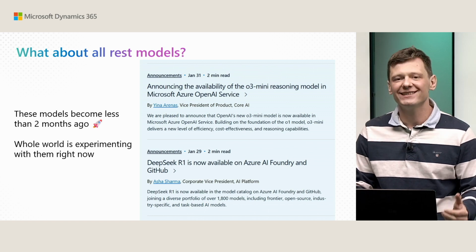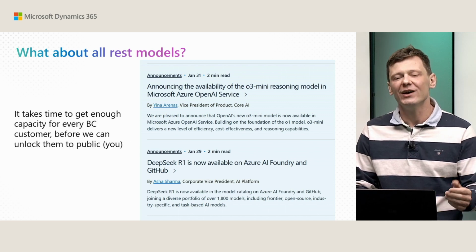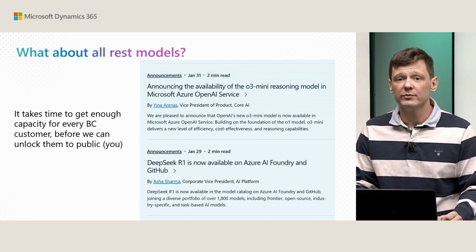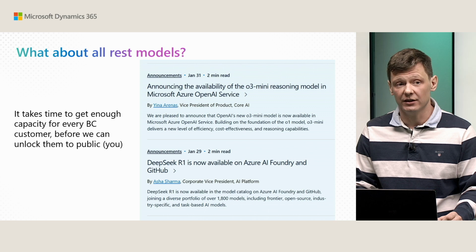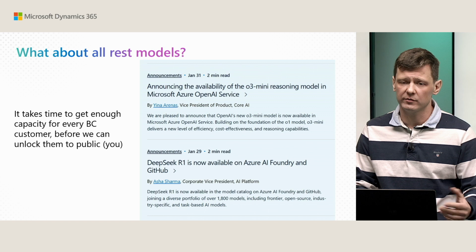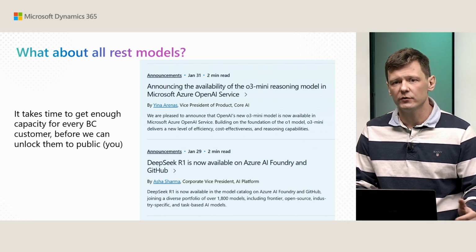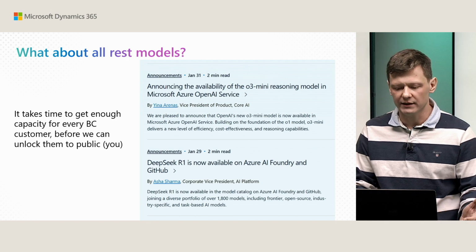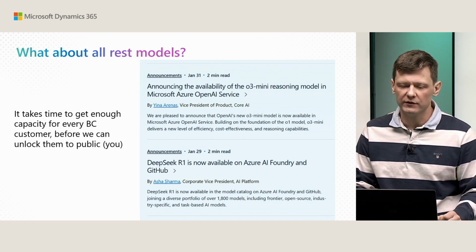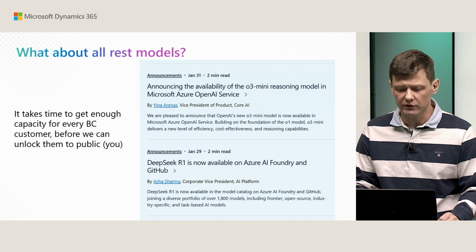But before we, as Business Central, can give you access to those models, we need to make sure that all over the world where we have our BC customers, and that's a lot of Azure regions, you and we will have enough capacity of those models. And once we reach this point, so we can support you in production, then of course we'll roll out more and more models as they come. But for now, you have a couple of them, which is great. So we want you to stick with those.